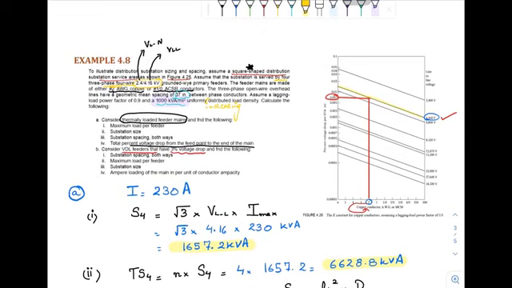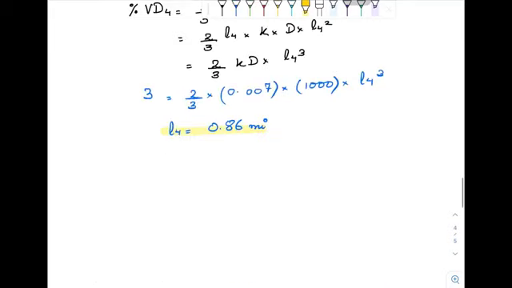In this part, the first part is substation spacing both ways. We have determined L4 first, so we can take 2 L4 to compute the substation spacing both ways. So 2 L4 will be 1.72 miles. Now let's see the second part.